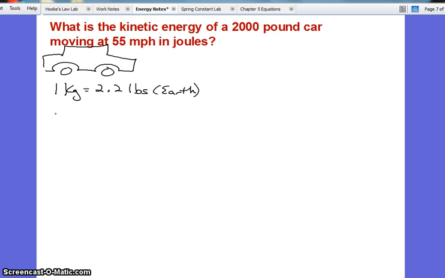So we take our 2,000 pounds and we convert it that there are 2.2 pounds for every 1 kilogram. And so we get that the mass of this object comes out to be around 910 kilograms. Let's exactly convert this here, and we get 909 kilograms.